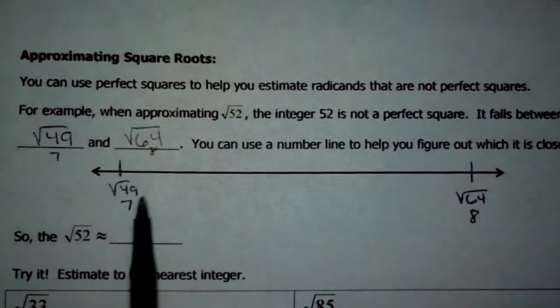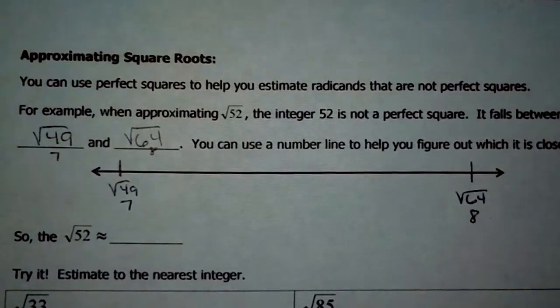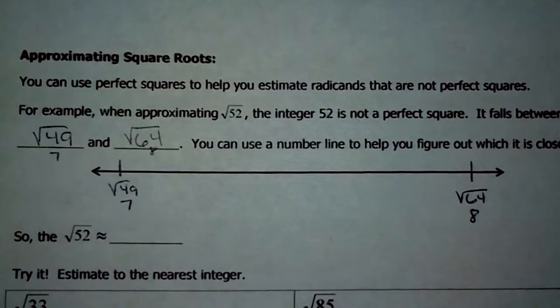In looking at this, I don't think I want to go all the way from 49 to 64 counting by 1. Because if I do that, I'd have to make 15 marks, since it's 15 from 49 to 64. When I think of the number 15, I think I might want to count by 3s because 15 is divisible by 3, or maybe count by 5s because 15 is divisible by 5.